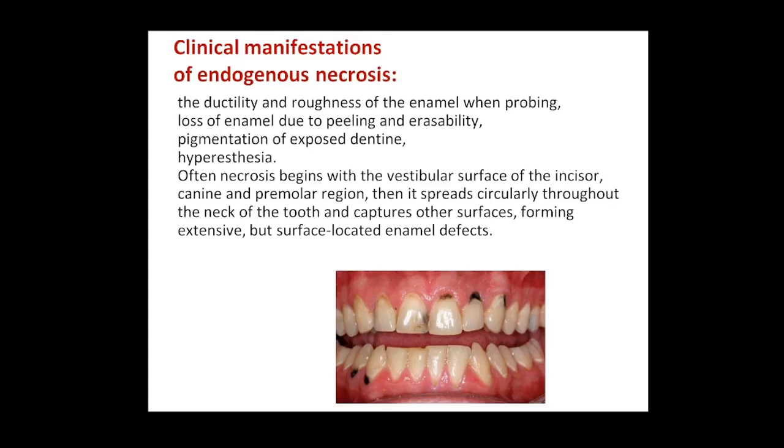Often necrosis begins with the vestibular surface of the incisors, canine and premolar teeth region. Then it spreads circularly throughout the neck of the tooth and captures other surfaces, forming extensive but superficially located enamel defects.